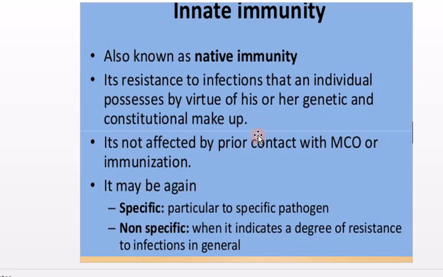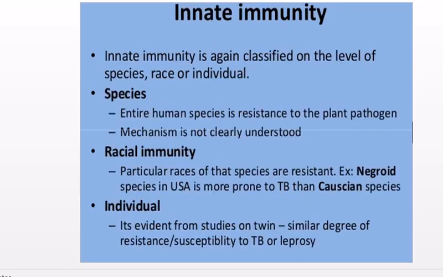Okay, innate immunity, this is the same thing that is being discussed here, and I don't have to repeat because it's about native immunity, when you are born with a certain potency of immunity in your body. Which kind of people have stronger immunity is classified based on species, race and individual.